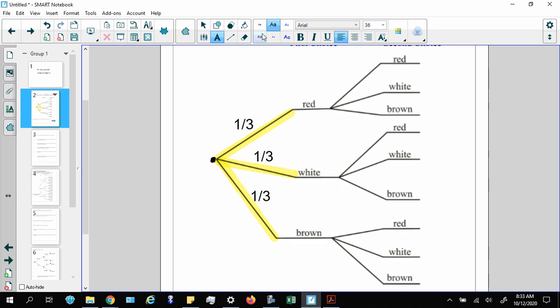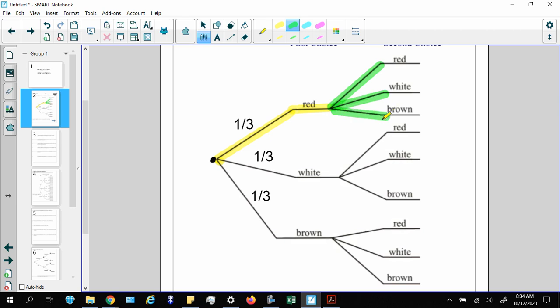Okay. Now, let's play the what if game. What if the person chose red? Okay. So let's say the first choice was red, and then if you notice, you now have three more choices: red, white, or brown. So once you have chosen red, you now have three more choices.